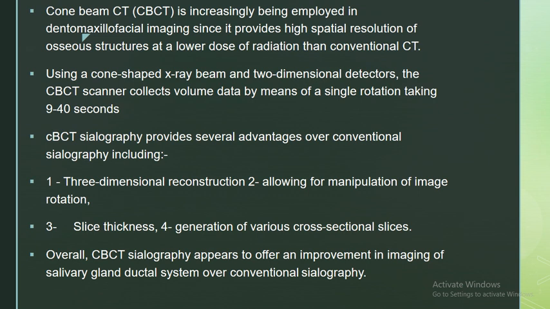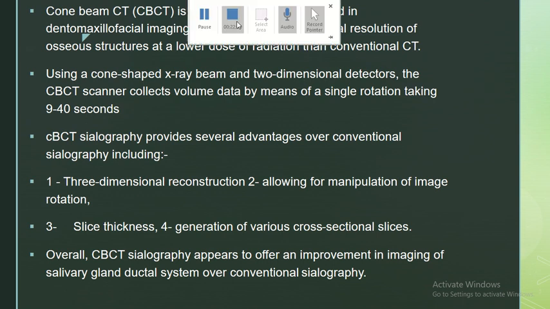Also, CBCT sialography provides several advantages over conventional sialography, including three-dimensional reconstruction, allowing for manipulation of image rotation, slice thickness, and generation of various cross-sectional slices. Overall, it appears to offer an improvement in imaging of the salivary gland ductal system over conventional sialography.